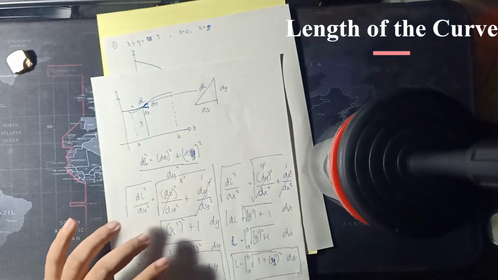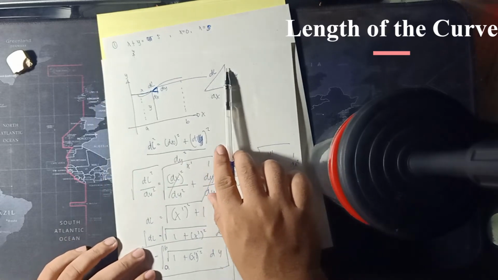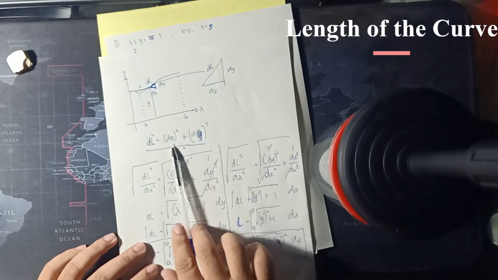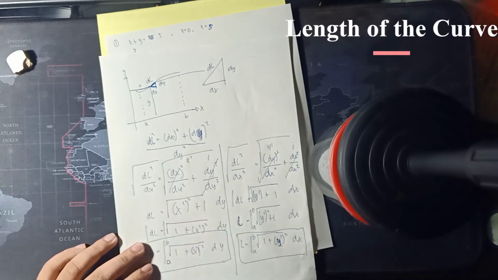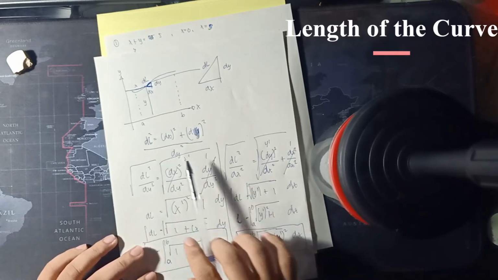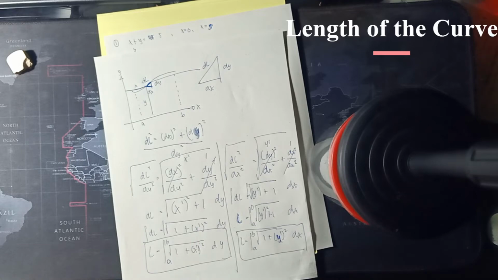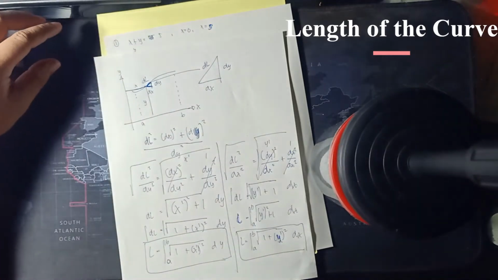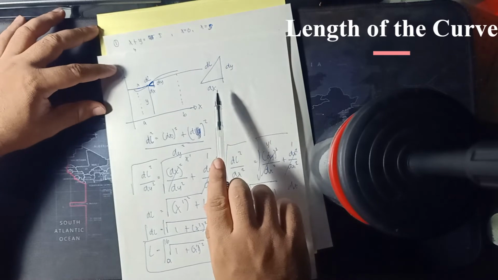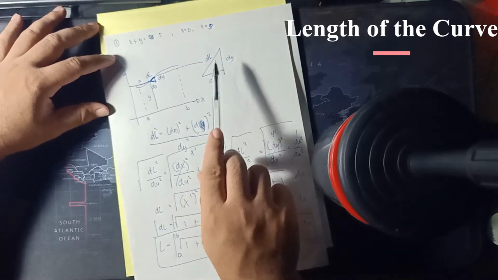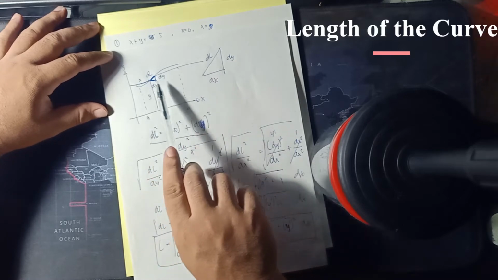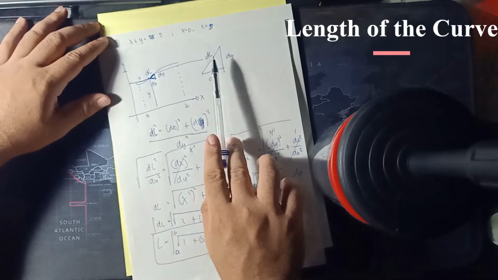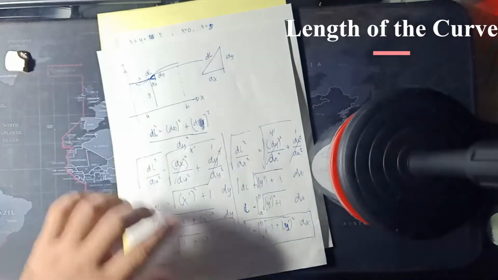Actually it connects from here. Your right triangle could apply the Pythagorean theorem, as I discussed earlier. So this dl, dy, and dx came from the right triangle, because when you find the length of the curve, it's by using the Pythagorean theorem.